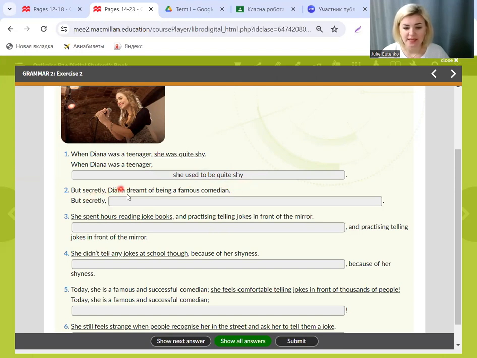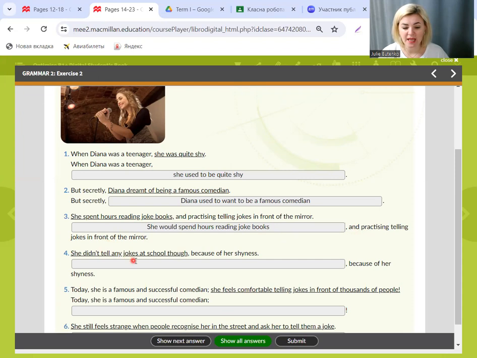But secretly, Diana dreamt of being a famous comedian. But secretly Diana used to want to be a famous comedian. She spent hours reading joke books and practicing telling jokes in front of the mirror. She would spend hours reading joke books and practicing telling jokes in front of the mirror.